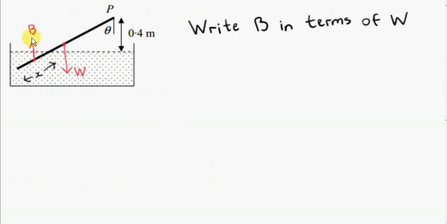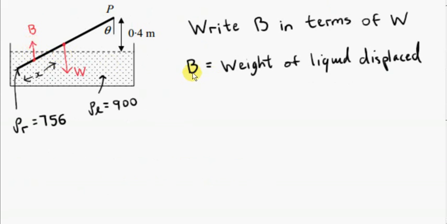The first thing that we will do here is write B in terms of W. By Archimedes' principle, B is the weight of liquid displaced by the immersed part of the rod.